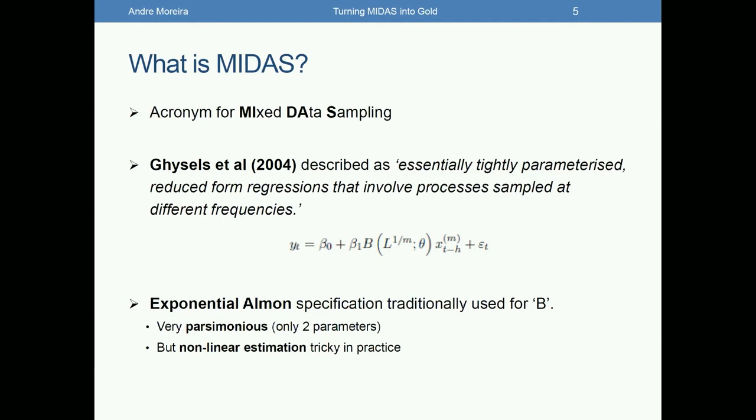And in addition to that, in its original form, the idea is also to have a model that's quite parsimonious, so you can use potentially many lags of the higher frequency variable at a relatively low cost in terms of degrees of freedom. The way that's done is by tying your coefficient profile on those lags of the higher frequency variables to some known functional form instead of estimating all of the individual coefficients.